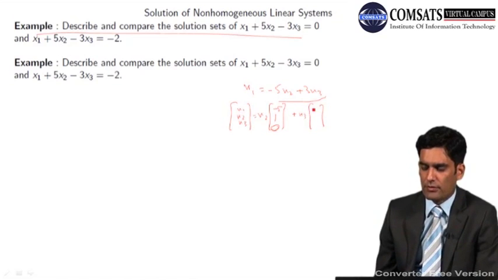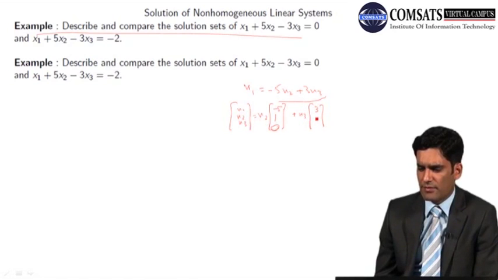Similarly, I will find the vector corresponding to x3. So in the expression of x1 we have this one, and the coefficient is 3. So I will put here 3. Then x2 does not have x3, x2 is a free variable, so I will put 0 here, and for x3 I will put 1.